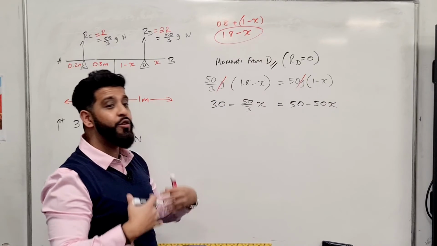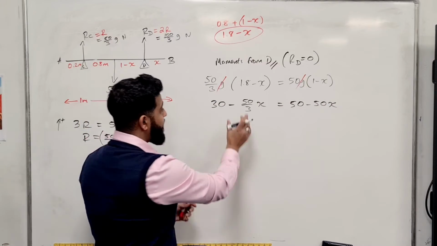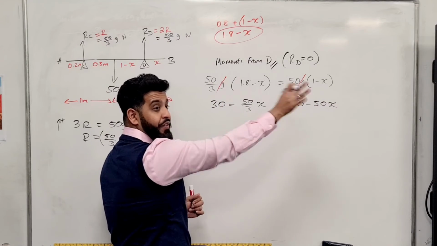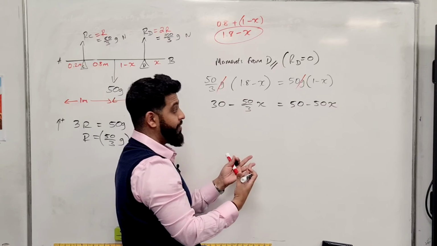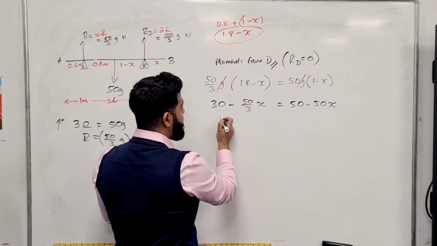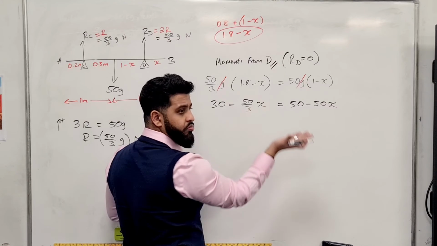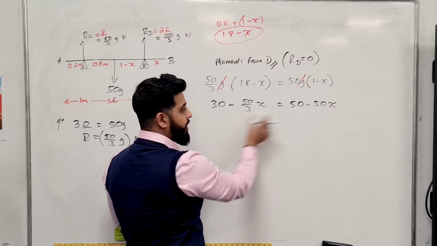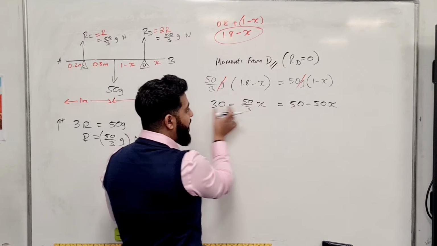Let's bring all the x's onto one side, okay? Or we can just multiply everything throughout by 3, so we can get rid of the fraction. Whatever way you do it is completely up to you. So let's take this over here and then that over there.